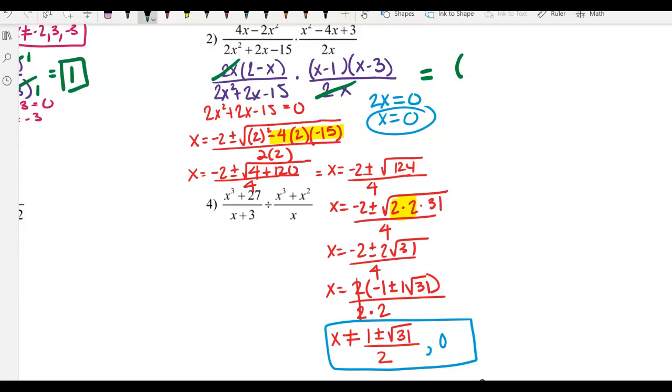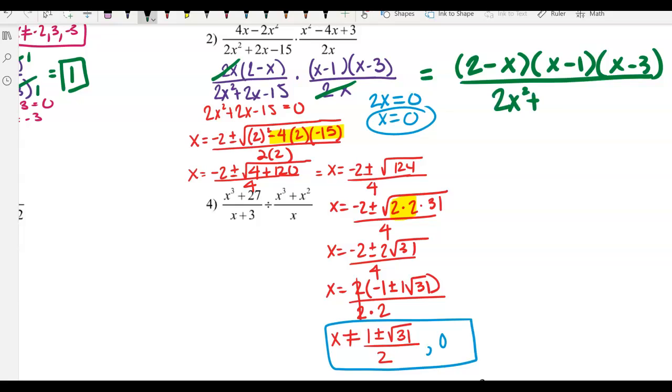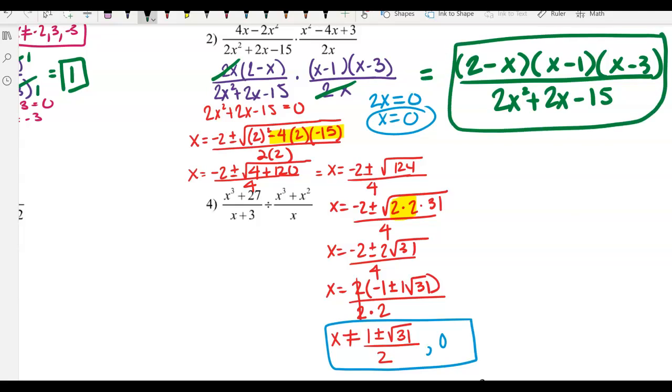So, guys, then here we're going to put them all back together. 2 minus x times x minus 1 times x minus 3, all over what, students? All over 2x squared plus 2x minus 15, and we box that up. We also need to box up the restrictions, which we did. So both of these must be boxed up.